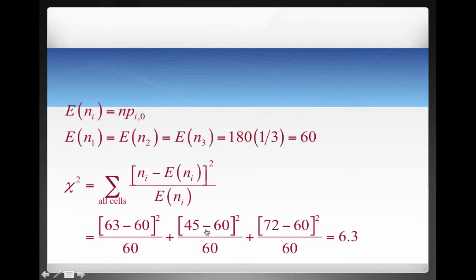Method 2 was mentioned 45 times as fair, minus 60 would be a 15-point difference. 15 squared is 225 divided by 60, and then plus the frequency of the last method, the third method. 72 minus 60 is 12. 12 squared is 144 divided by 60, and all of these added up give us a chi-square of 6.3. So that's the chi-square value here, 6.3.